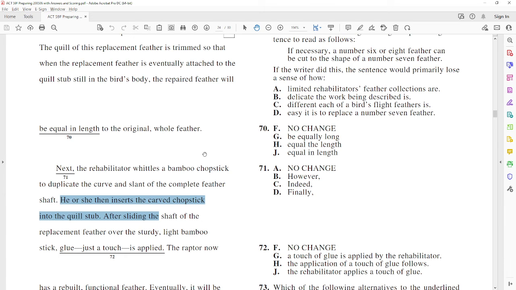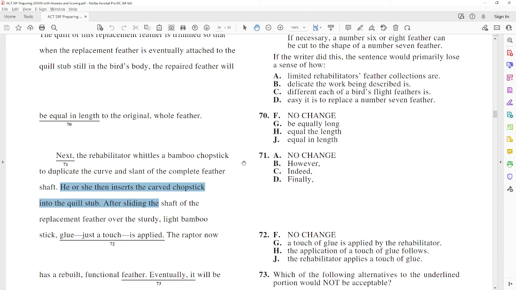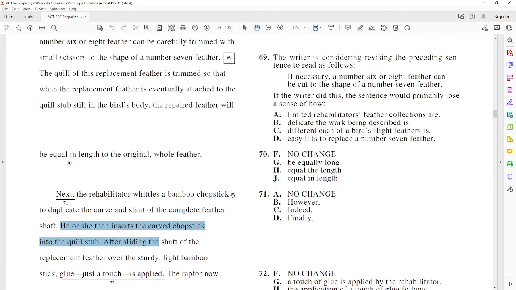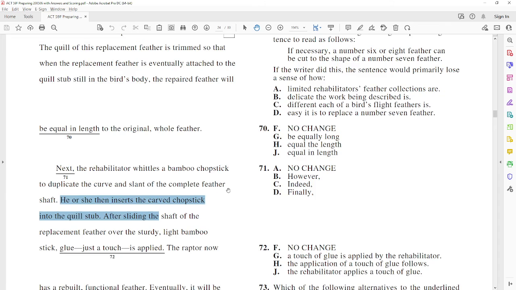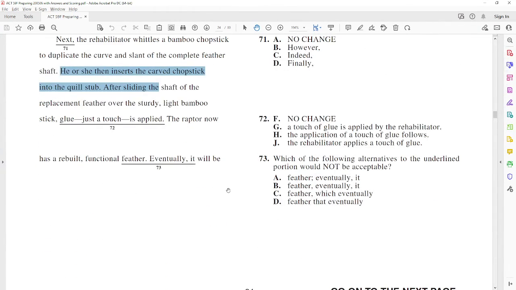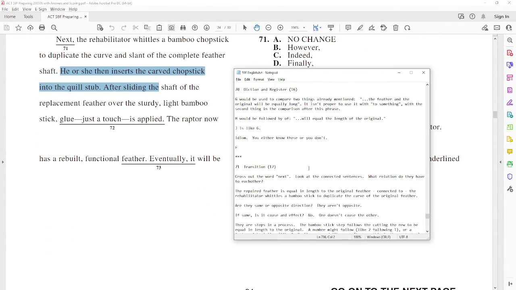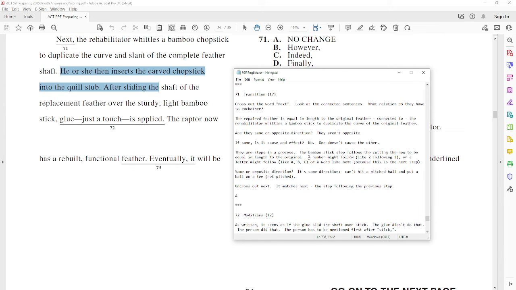And then the next thing after trimming the feather is whittles a bamboo chopstick to duplicate the curve and slant of the complete feather shaft. So it's just the next item in the list, which is A for 71. And 71 has to do with transition.